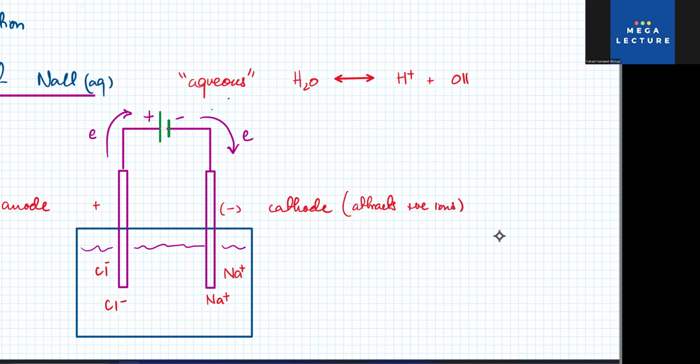But now what you're going to study is that yes, there is H plus one and there are OH ions, but the quantity of H plus one and OH ions is negligible. The concentration of H plus one in normal standard conditions is 1 times 10 power minus 7 mole per dm cube, which is almost close to zero.